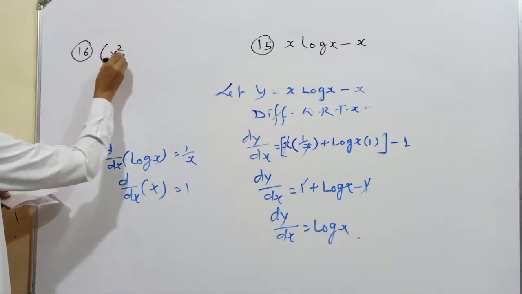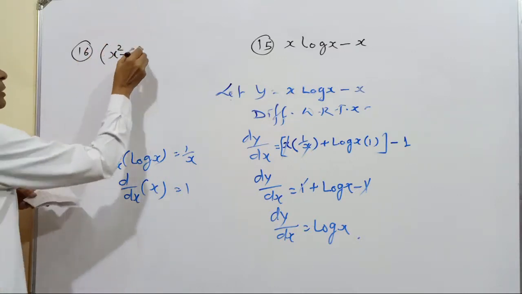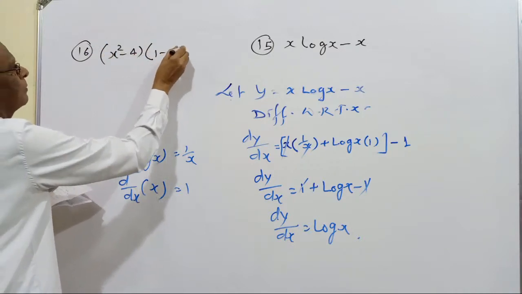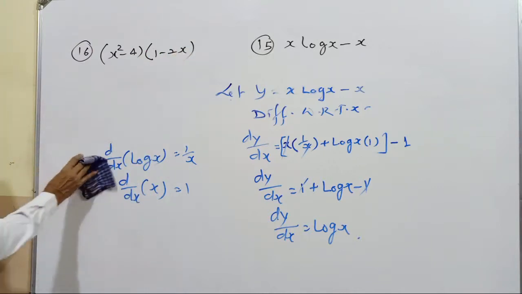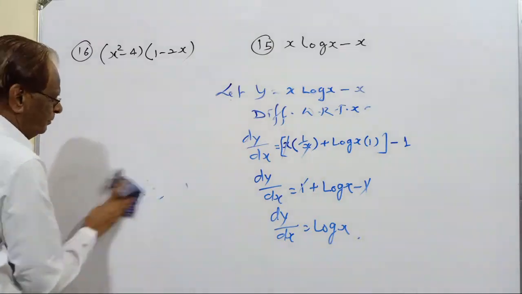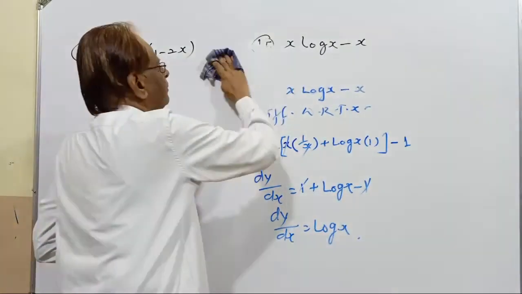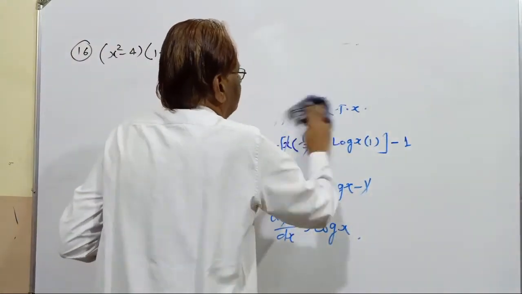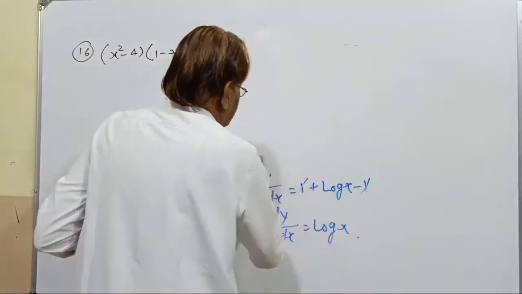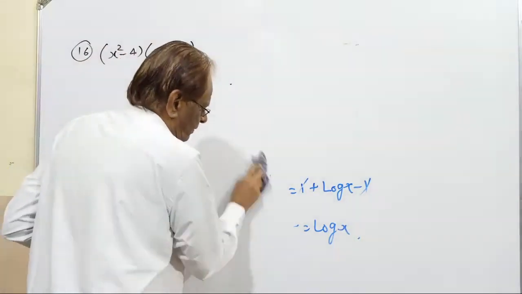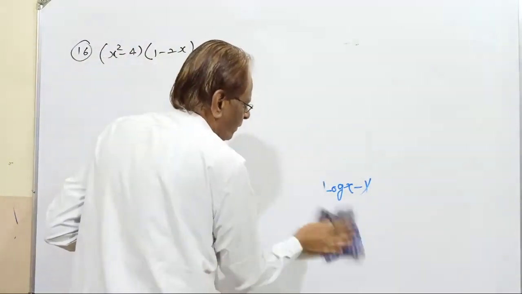Next: (x squared minus 4)(1 minus 2x). One method is to remove the brackets, then differentiate.